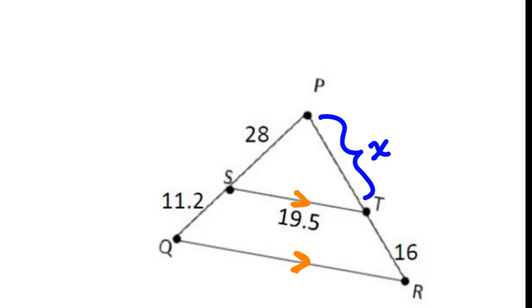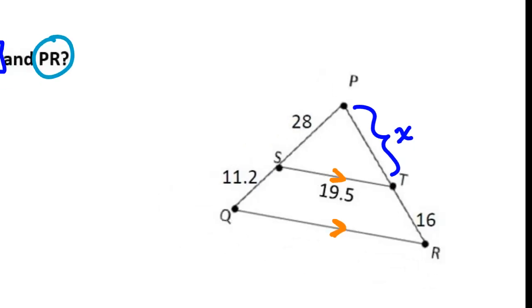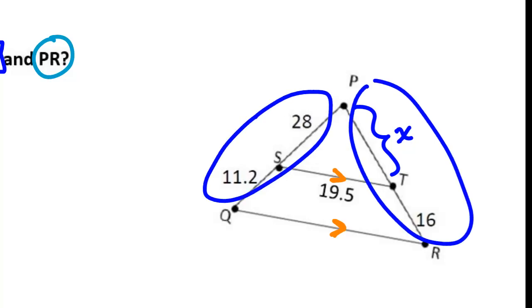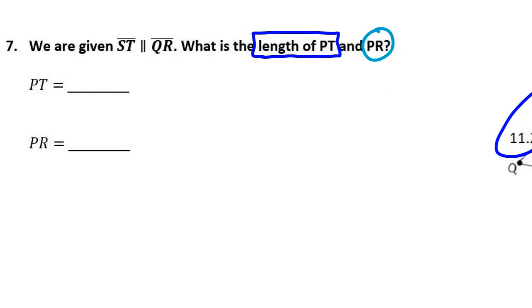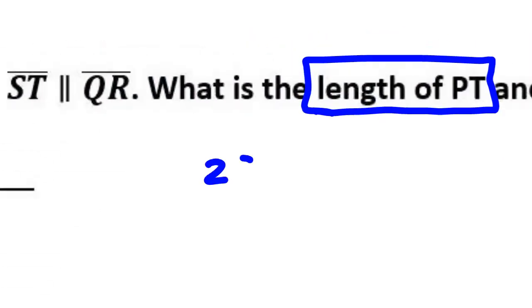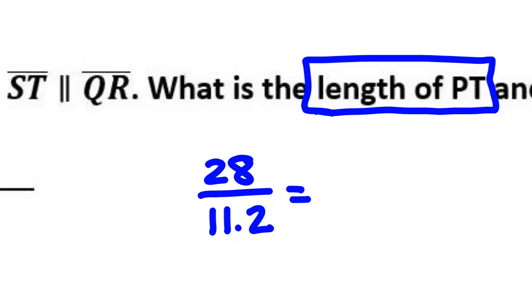Because the lines are parallel, I can use a setup that's similar to the fifth question on our warm-up yesterday. I can stay on the same side of the triangle, and I could write a proportion that was 28 over 11.2 equals X over 16.